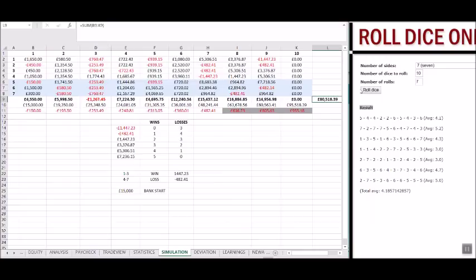So let's go into the final week. 2 wins takes us to 1447.23. There's 3 wins there, 3376.87.